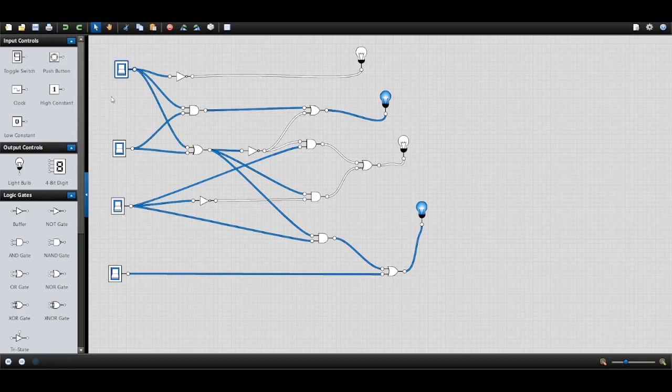If the three inputs, that is D, C and B, are 1 and A is 0, the output will also be the same, that is W equal to 1 and Y equal to 1.